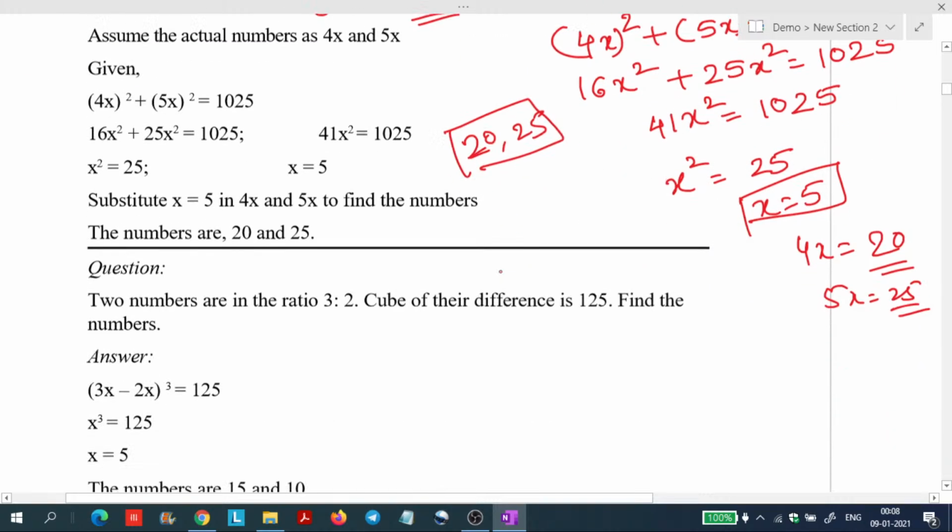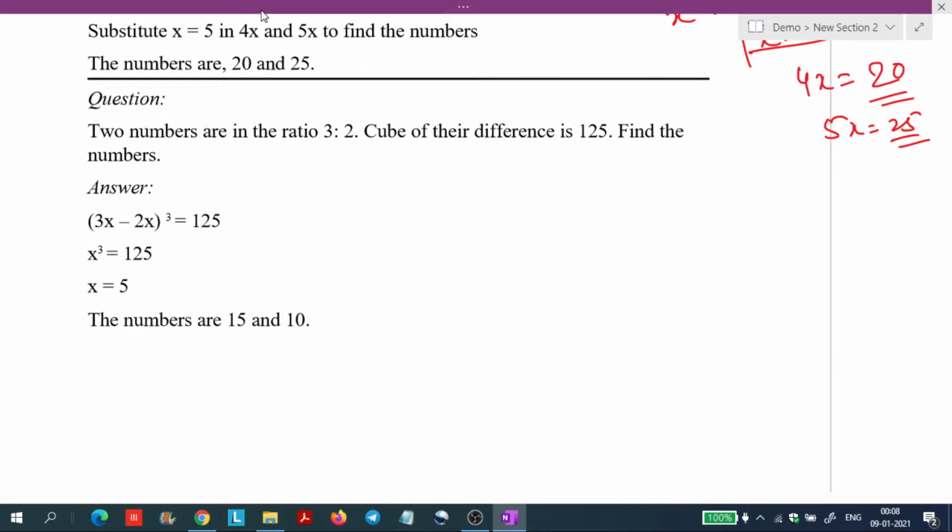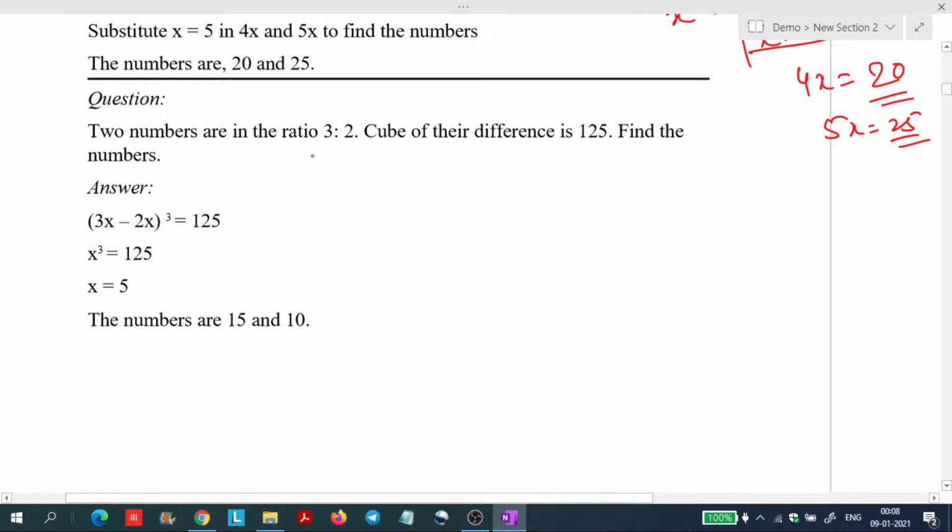Okay, so let us consider one more. The two numbers are in the ratio of 3:2 and the cube of their difference is given. This is an x factor type of question.